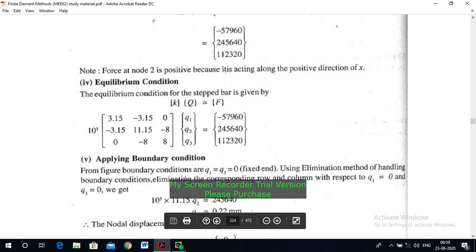Since the boundary condition for this problem, Q1 and Q3 is fixed, node 1 and node 3 is fixed.